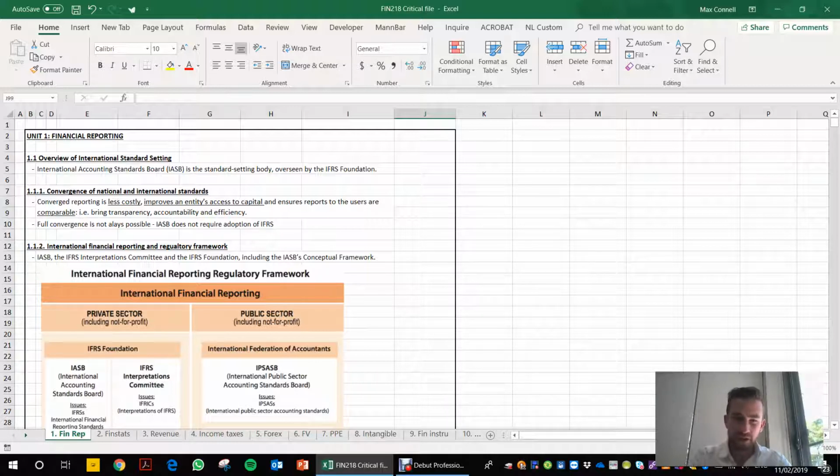Historically there have been some significant differences between certain countries, particularly the US and Australia, for example. But there has been a historic trend to bring those two standards together. It's called converging of reporting standards.